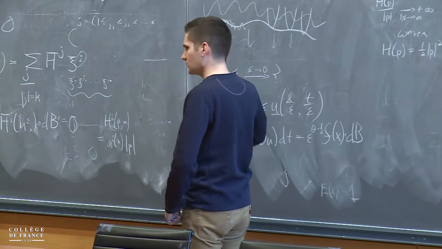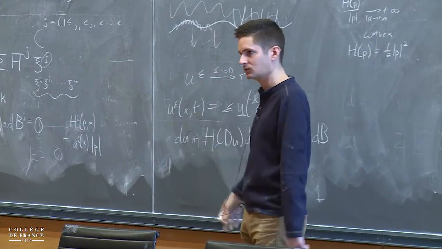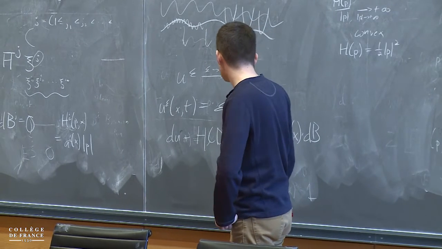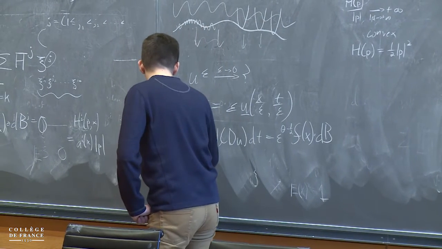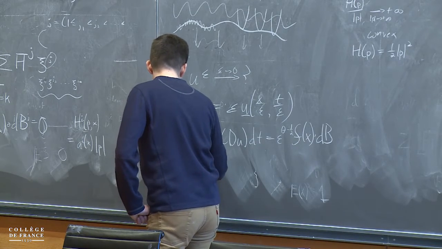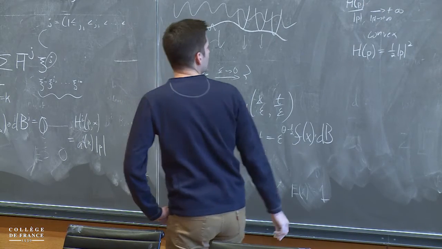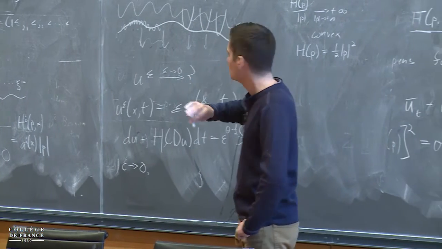So the first, I realize I haven't really been writing theorems down, mostly because it takes too long, but here's a theorem I can write down, which is that as epsilon goes to 0, by the way, I didn't write anything down about f.